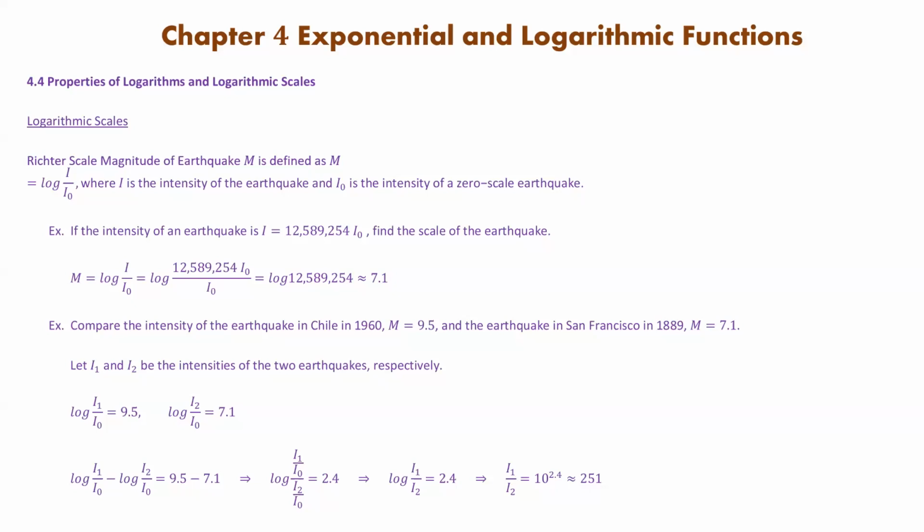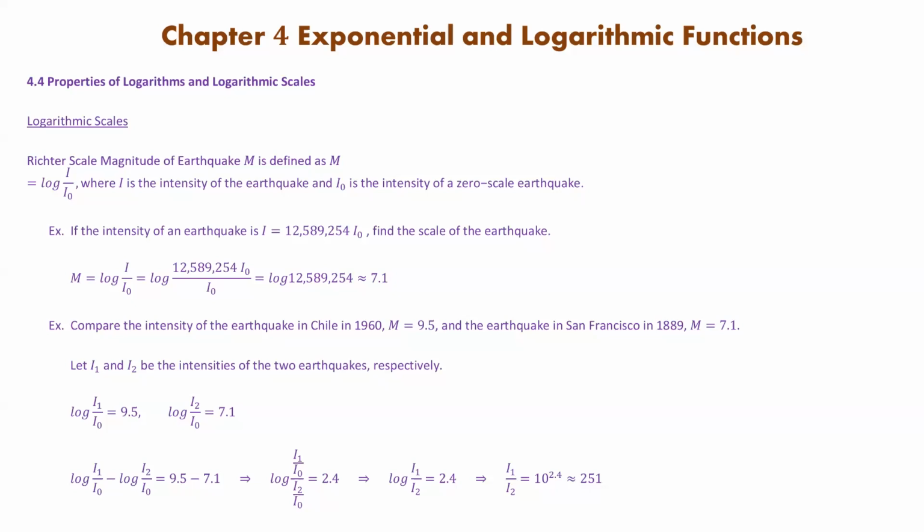So let's just use I1, I2 to denote the intensity of the two earthquakes respectively. I1, the Chile one, and I2, the San Francisco one. Based on the definition of earthquake magnitude, we get that log I1 over I0 equals 9.5, and log I2 over I0 is 7.1.